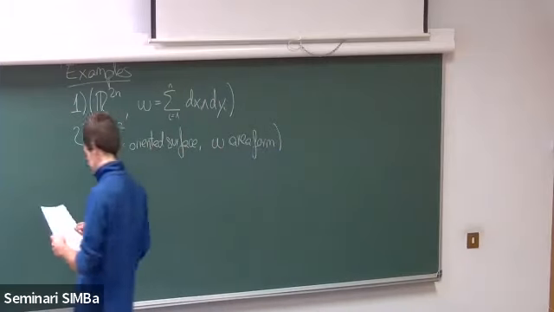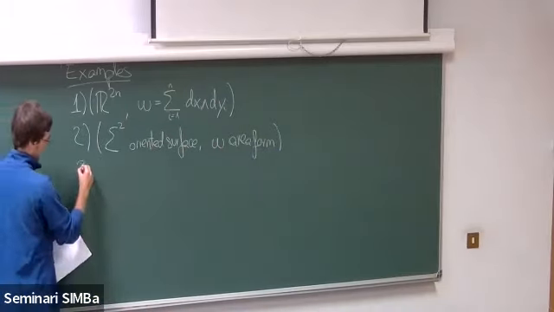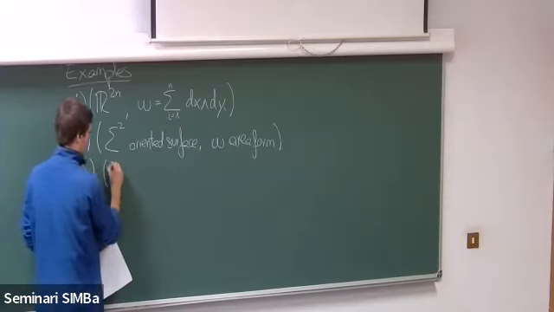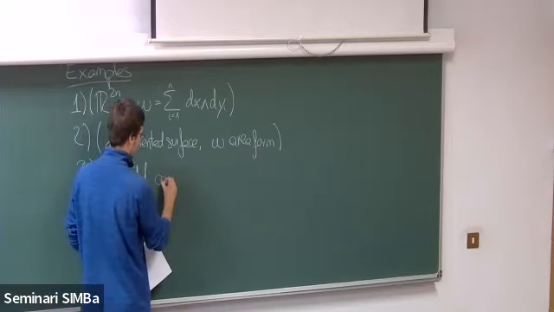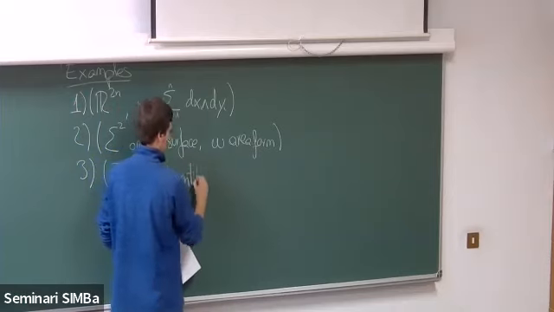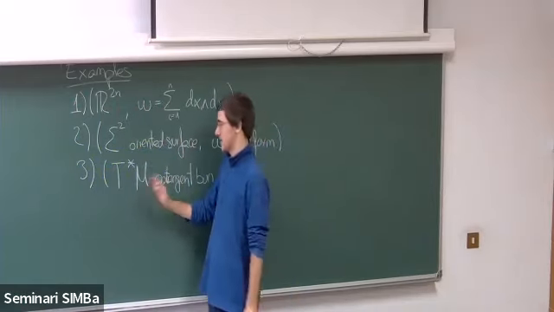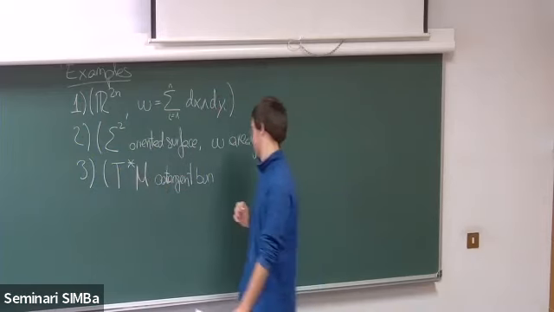There are more examples, but let me just add another one, which is important for what is coming after this, which is the cotangent bundle of a smooth manifold. If we call T star M the cotangent bundle of a smooth manifold M, which automatically is even dimensional, M can be n-dimensional or any dimension, but then the cotangent bundle is even dimensional.